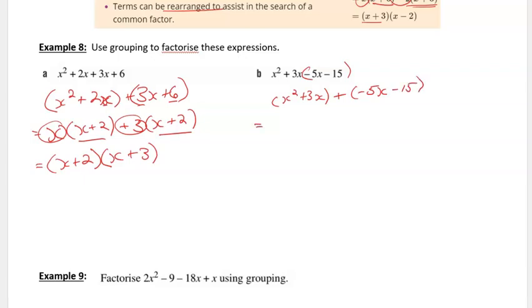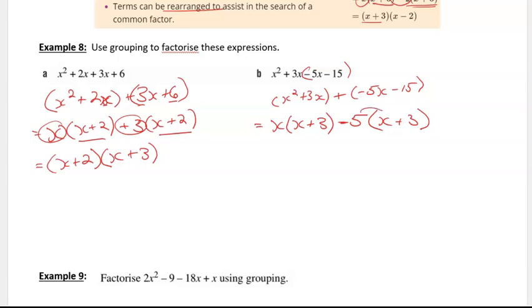Okay, so what can we factor out here? Again, between x squared and x, it looks like we have x as a common factor, leaving us x plus 3. And now what is the common factor between negative 5x and negative 15? I'm going to put negative 5. Now, negative 5 times x would give us negative 5x, and negative 5 times 3, but it's negative, so that's going to be a positive 3.